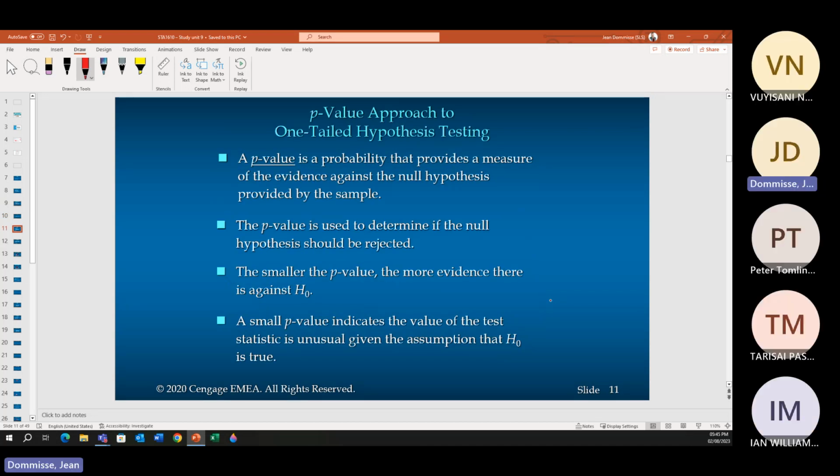What you will also see, when we work with this hypothesis testing, we're going to use the normal distribution tables.